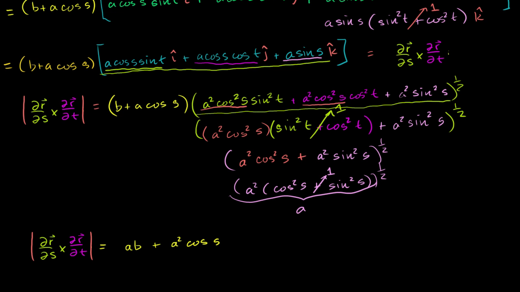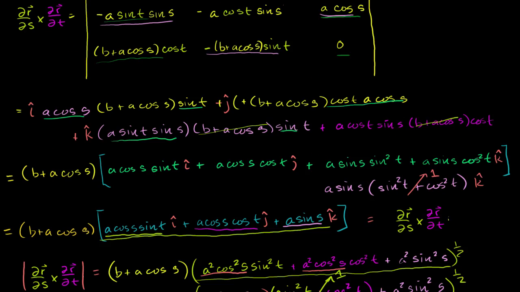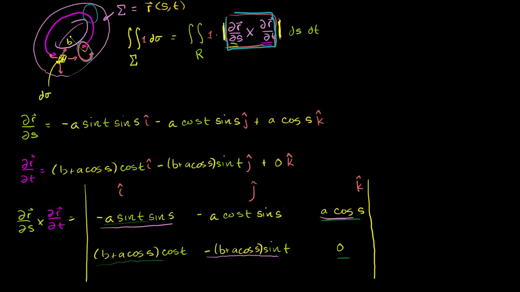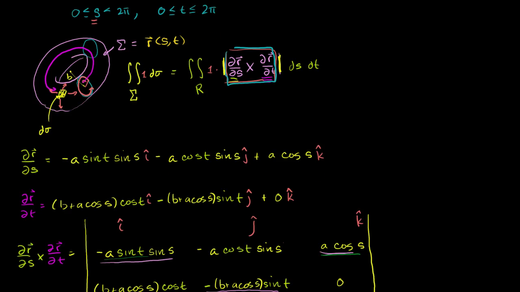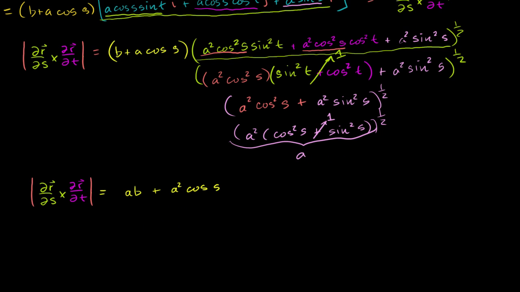to something reasonably simple. And just to review what our mission was several videos ago, we want to evaluate this over the region over which the surface is defined. So s going from 0 to 2 pi, and t going from 0 to 2 pi. So we want to integrate this over that region.